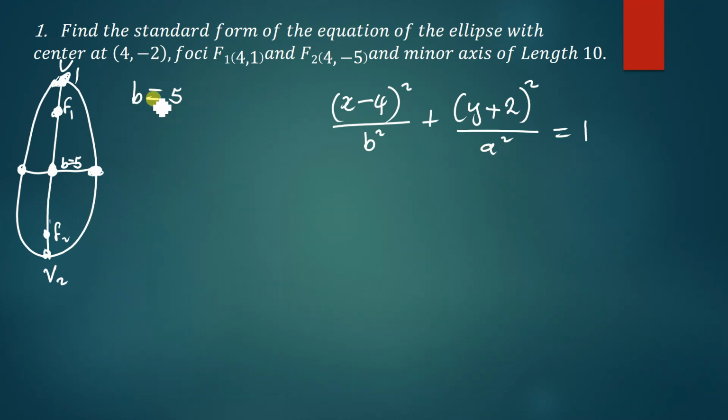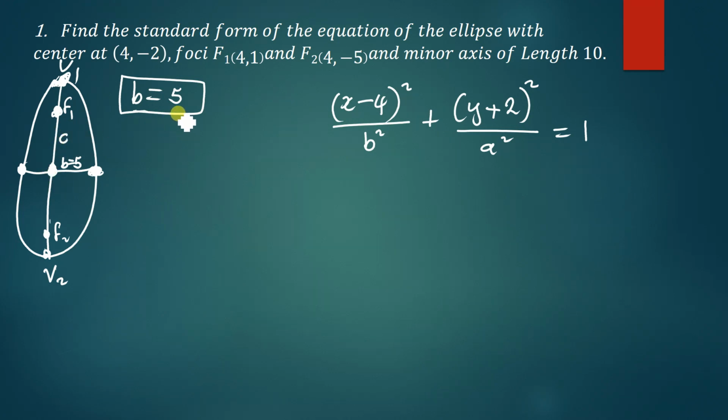So we've managed to find the value of b, because we said the distance from there to there is equal to b, and it has been given that the distance between those points is 10, so b is 5. Now, how do we find the value of a? Finding a is simple, because we have been given the focus, and we know that the distance from the focus to the center is c.